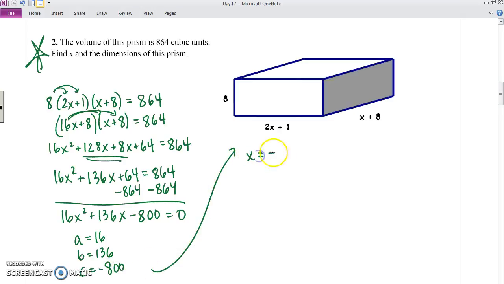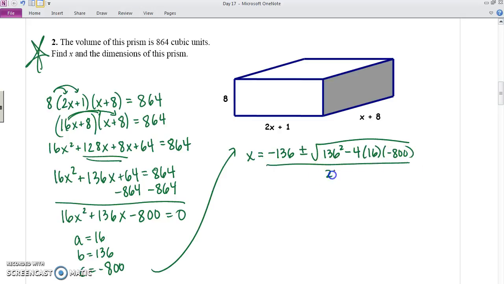X equals the opposite of b, so negative 136 plus or minus the square root of b squared minus 4 times a times c all over 2 times a. Okay? And then I'm just going to simplify what's underneath the radical right now.